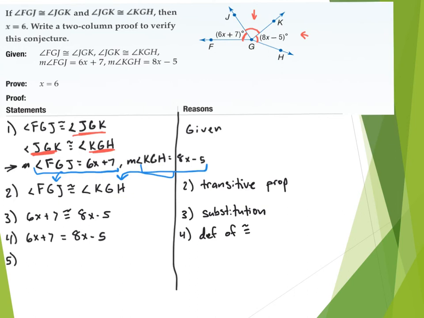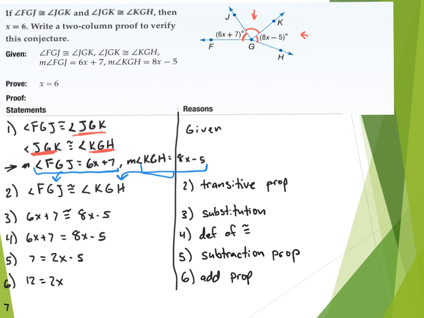Now to finish this off, we're basically doing algebra. So I'm going to subtract 6 to the other side. So 7 is equal to 2x minus 5 because of subtraction. Okay, add 5 to the other side because of addition.